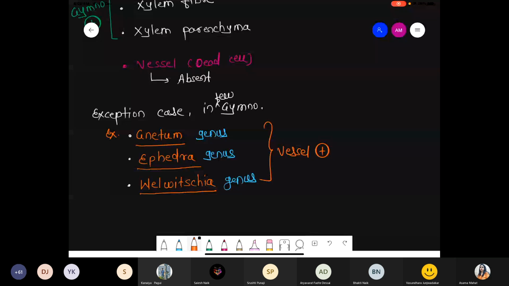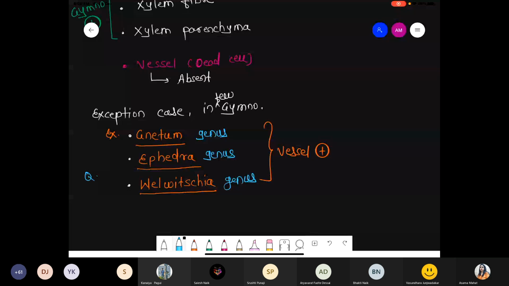So you have to remember these three examples. Very easy: Gnetum, Ephedra, Welwitschia. If you want to remember the initials, you can. These are the three examples of gymnospermic plants where vessels are present, which is the exception, because in gymnosperms vessels are generally absent.